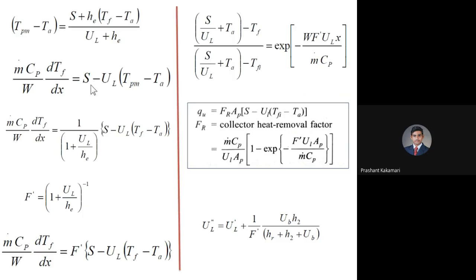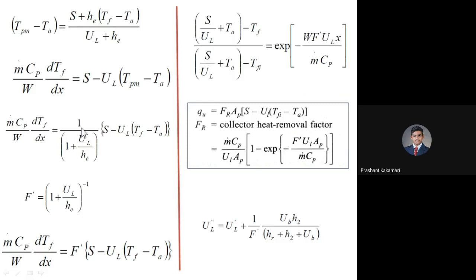Now coming to the next simplification, taking this TPM minus TA as S plus HE into TF minus TA divided by UL plus HE. If I substitute this entire expression for TPM minus TA, we can write on the right hand side 1 divided by 1 plus UL by HE, because I am substituting TPM minus TA in terms of HE and S again.